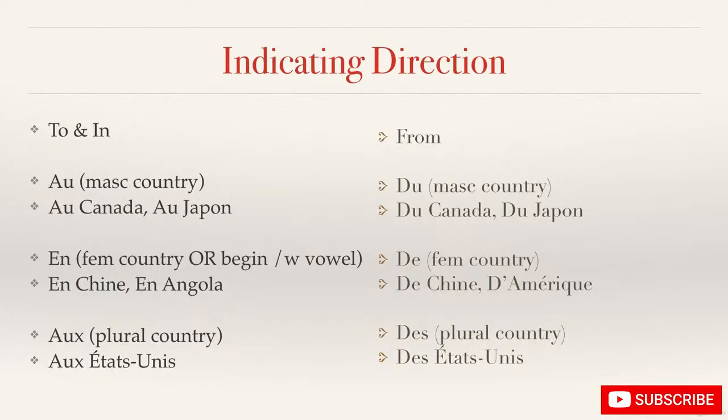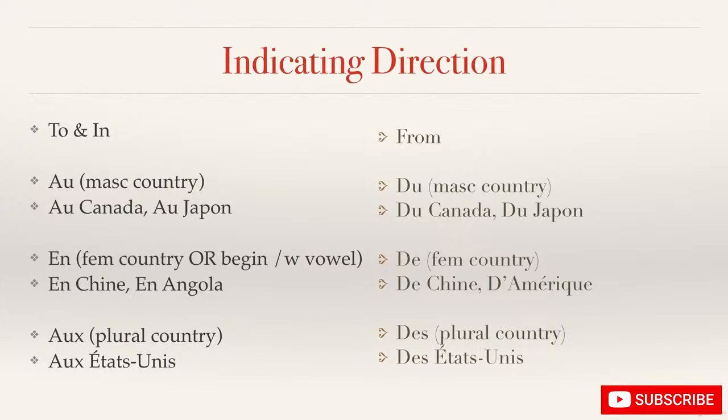When talking about coming from places, it's a very similar structure. So going back to the gender, when you have masculine countries, you use the word du. So for example, du Canada, du Japon. So from Canada or from Japan. With feminine countries, we use de.